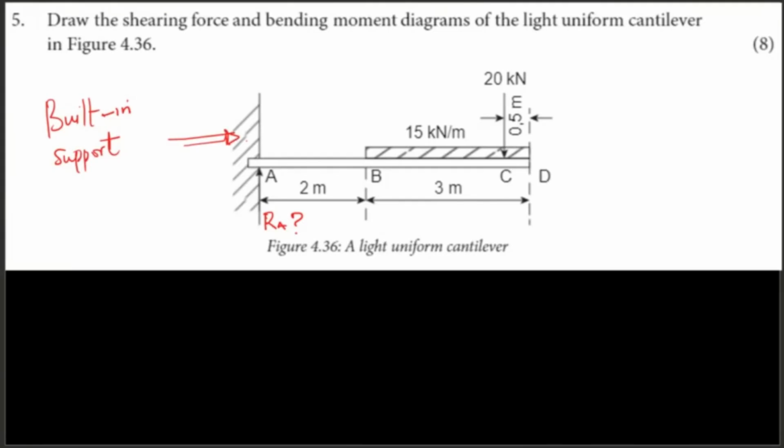So I think the only force that is missing here that I need to calculate is Ra, which is the reaction at A. That's that force facing up, which is quite easy because I'm just going to use the concept of upward and downward forces.